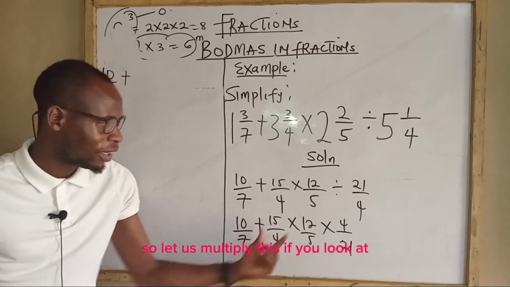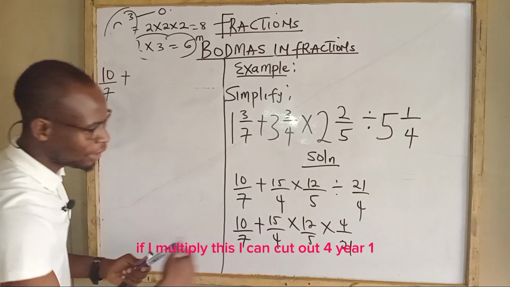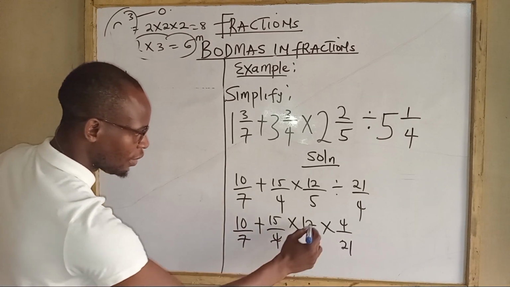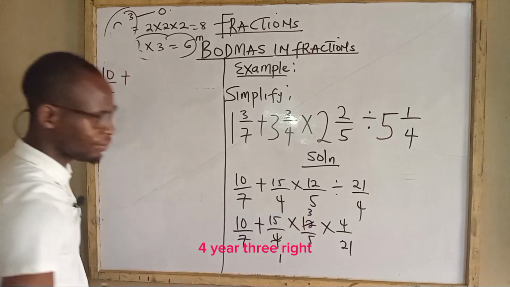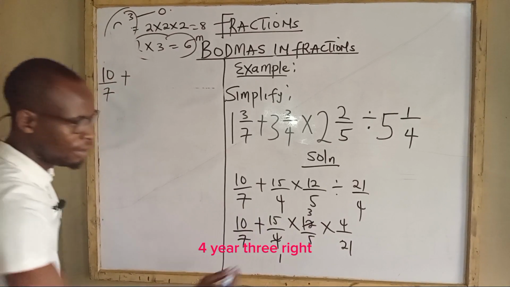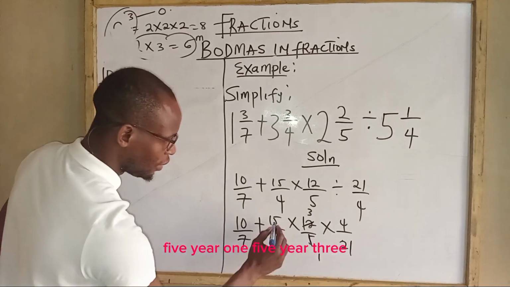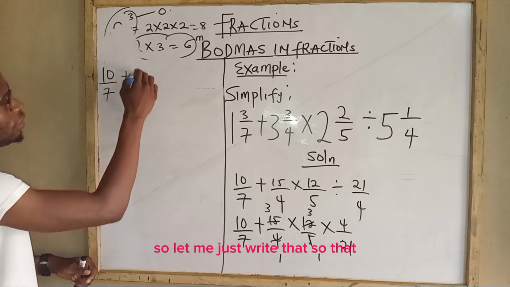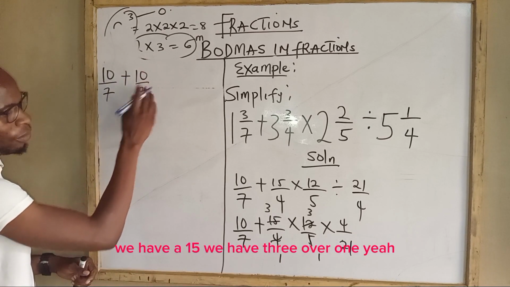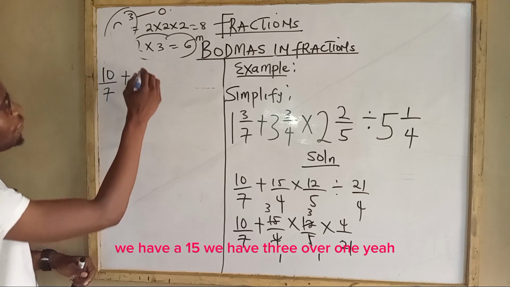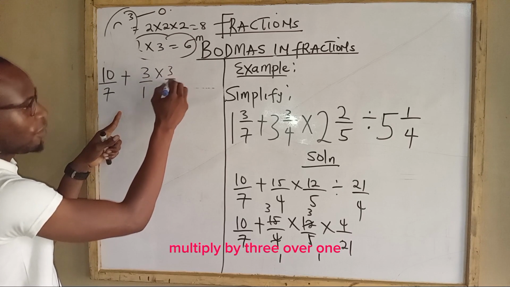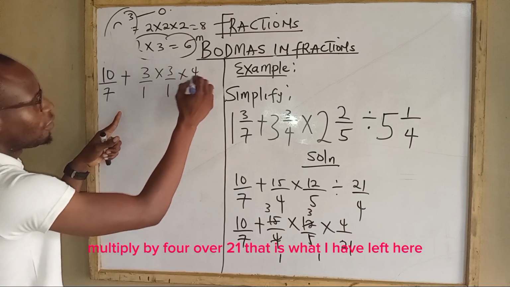So let us multiply this. If I multiply this, I can cut out 4 here 1, 4 here 3, 5 here 1, 5 here 3. So we have 15, we have 3/1 here, multiplied by 3/1, multiplied by 4 over 21.